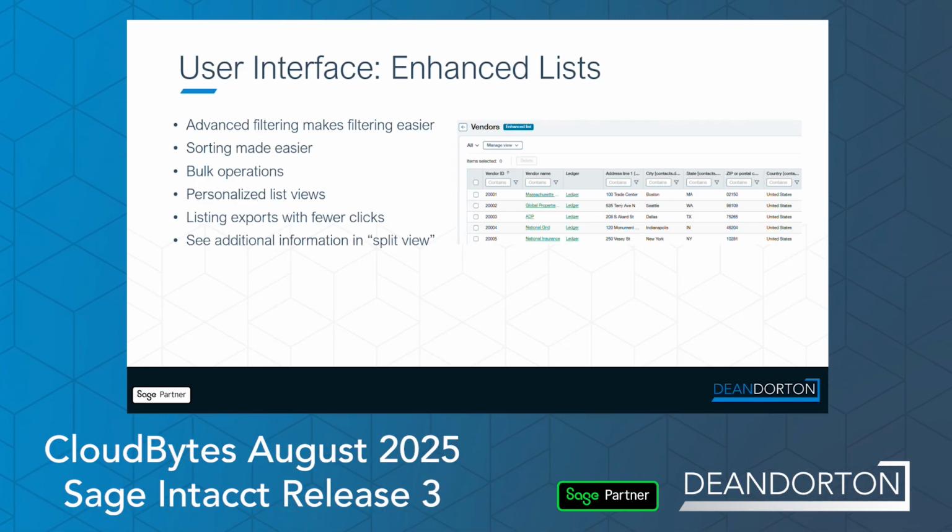Advanced filtering makes filtering easier. Sorting is made easier. Bulk operations, personalized list views, exports with fewer clicks, and then split view information. So if you haven't tried these enhanced lists, please do try them. They can cut down a lot of your time for searching and things like that within your system. They really can be a benefit.